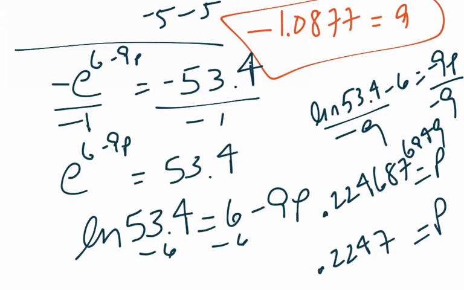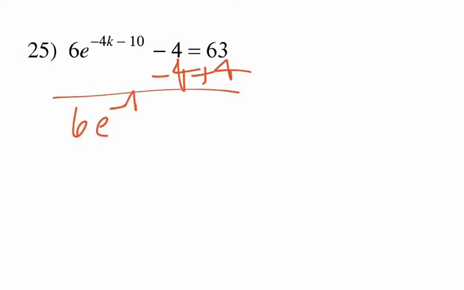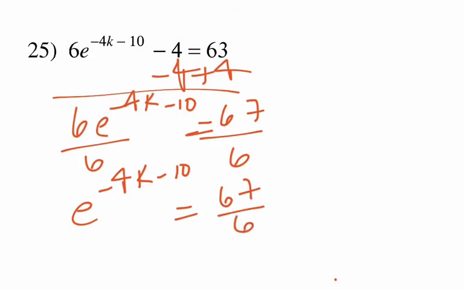Okay, and then I just have one more to show you, which is number 25. I'm going to add 4 to both sides, 6e to the negative 4k minus 10 is equal to 67. I'm going to divide by 6, e to the negative 4k minus 10 is equal to, this is going to be an ugly number, 67 over 6.